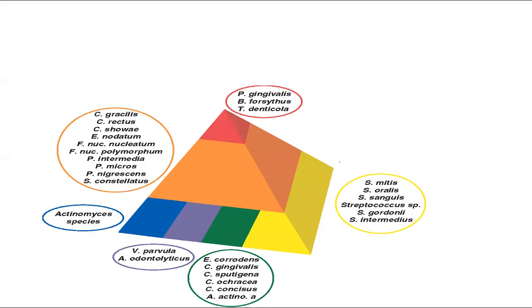Next, before we talk about different complexes, we will first talk about plaque formation. Now, the first step in plaque formation is pellicle formation. Within seconds, the tooth gets covered with pellicle.